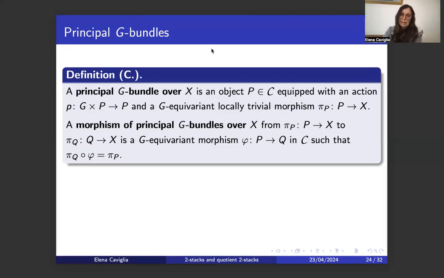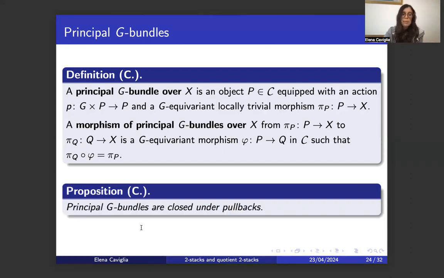And we get the usual definition of principal bundle. And one interesting thing to notice is that principal G bundles are closed under pullbacks. So if we take a principal G bundle and we pull it back along a morphism, what we get will be a principal G bundle over the source of the morphism.